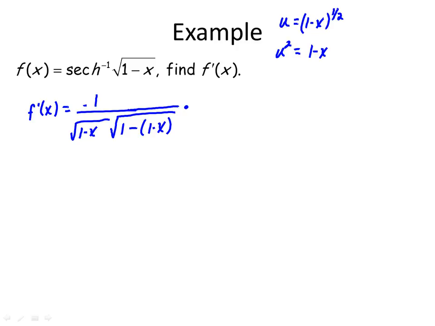Du. So if u is the square root of 1 minus x, what is du? What do you have to do here? Chain rule. Very good. Now the derivative of what's inside is going to be -1 this time, okay? The derivative of 1, of course, is 0, but the derivative of negative x is -1.